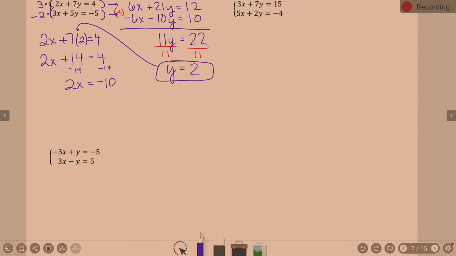Negative 10. Divide by 2, and x is negative 5. So we have a final answer of negative 5, comma 2.